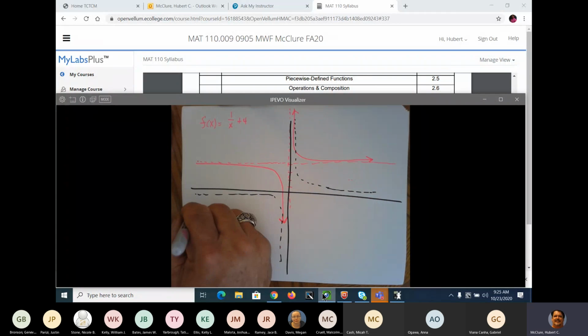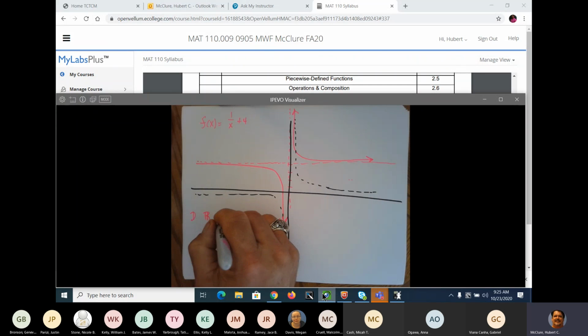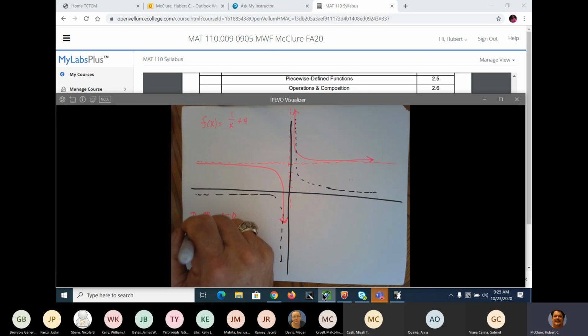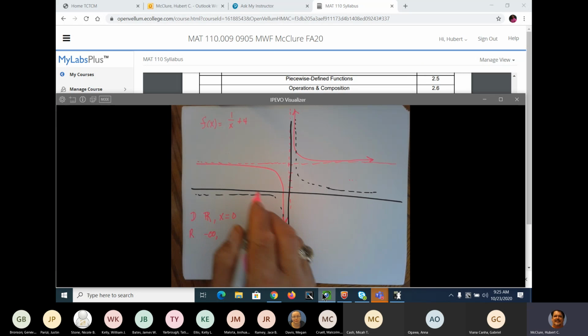Okay, domain is all real numbers except x cannot equal 0. Range is from negative infinity to 4, and from 4 to infinity.